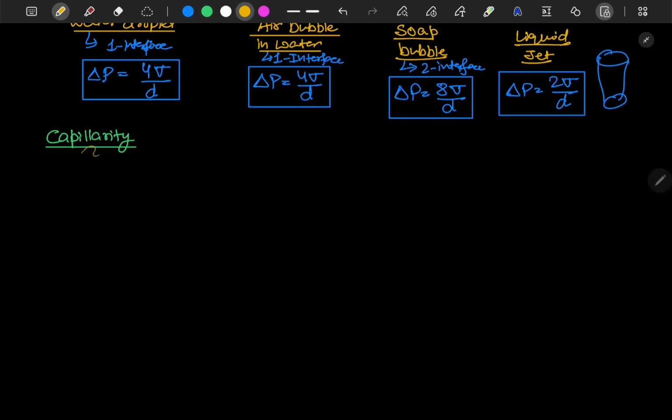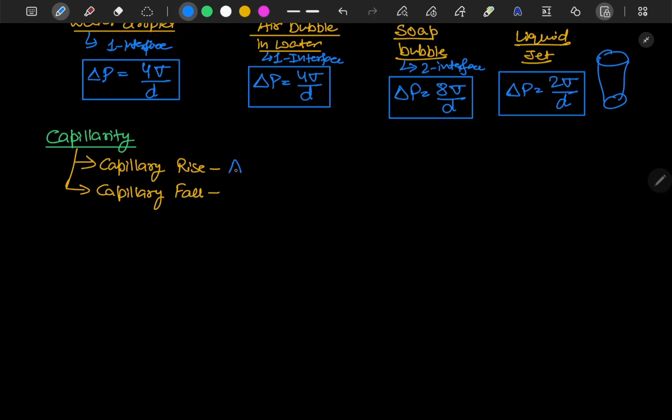So in capillarity, there can be capillary rise or capillary fall.